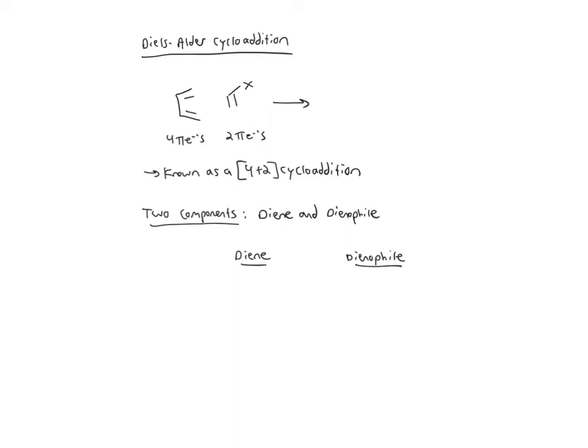This is why this reaction is also known as a 4+2 cycloaddition, because we're taking 4 pi electrons and adding them to 2 pi electrons. We'll see other examples of 4+2 cycloadditions with different reactions a little bit later. But for now, we're going to be seeing this diene and what we're going to call a dienophile as our two components.